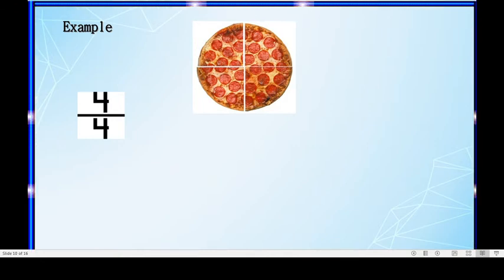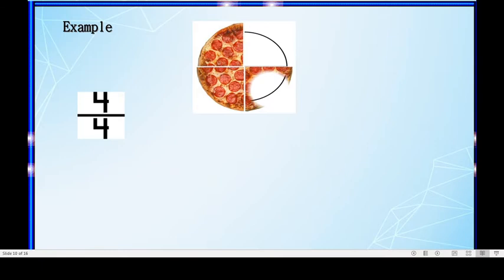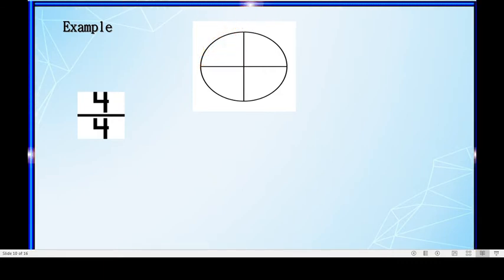If I ate one part of it, and another one part, and another one part, the total I ate is 4 parts of it. 4 parts is equal to 4 equal slices. 4 over 4 is equal to 1 whole.